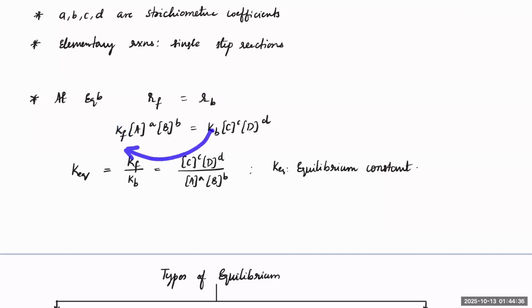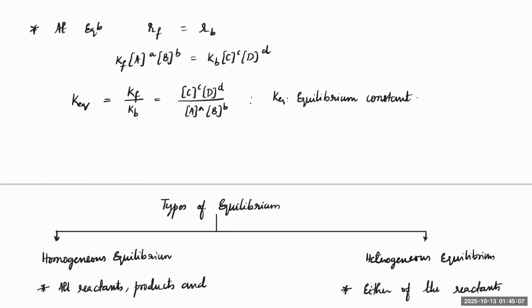Let me bring the constant values to the left hand side. So k forward by k backward is equal to [C]^c [D]^d over [A]^a [B]^b. Have you noticed that k forward by k backward is actually a constant value? This is a constant, this is a constant, so the ratio will also be a constant. So K equilibrium is equal to the concentration of the products over the concentration of the reactants.